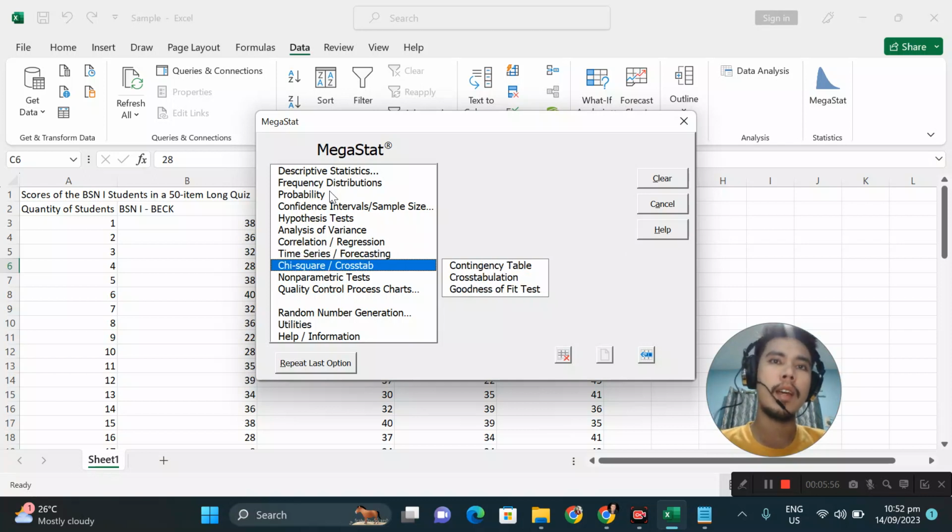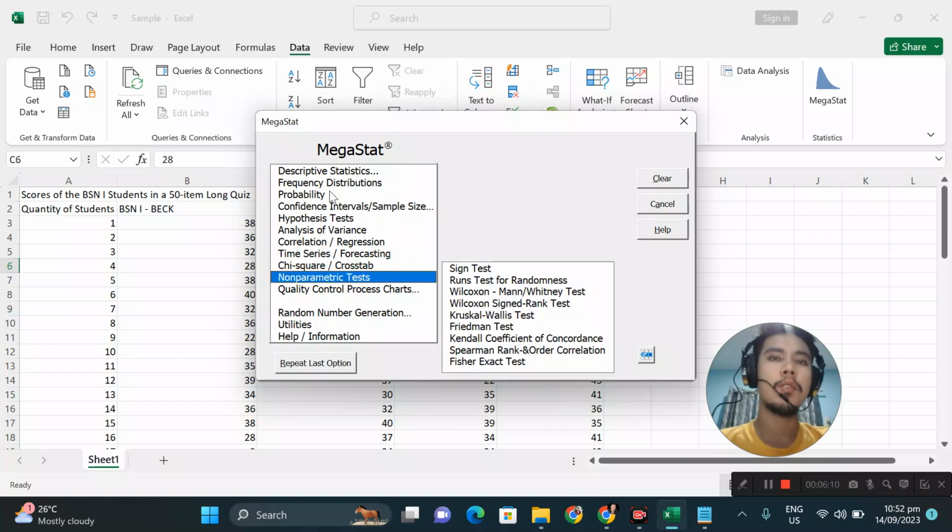And we also have the chi-square or crosstab, which comprises the contingency table, the cross-tabulation, and the goodness of fit test. And of course, the non-parametric tests, which are the direct opposite of the parametric tests, ranging from the sign test up to the Fisher exact test.